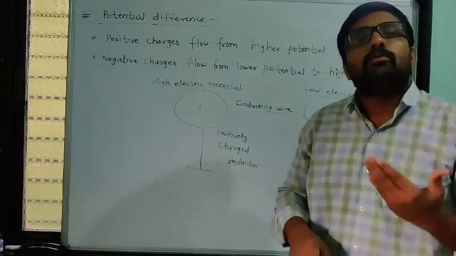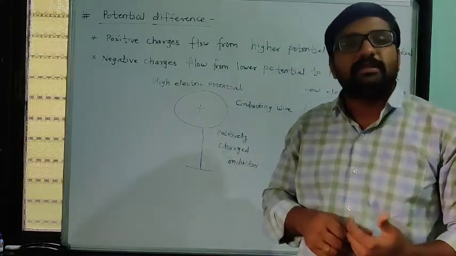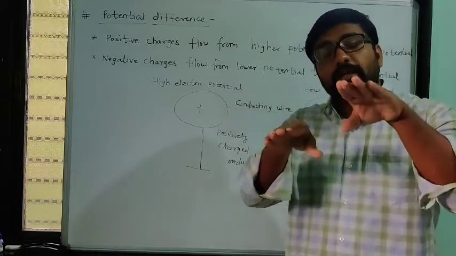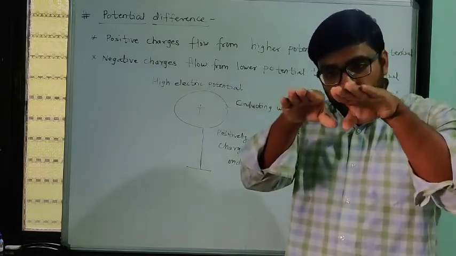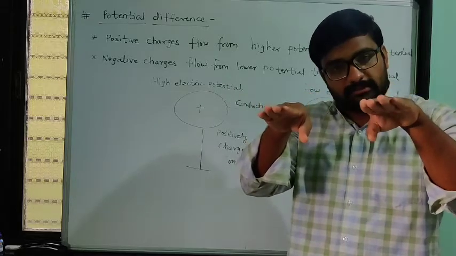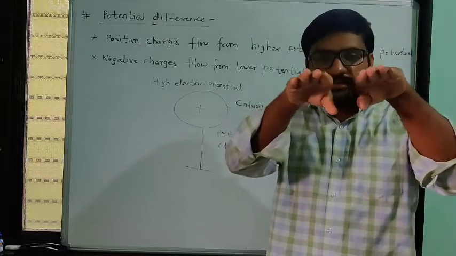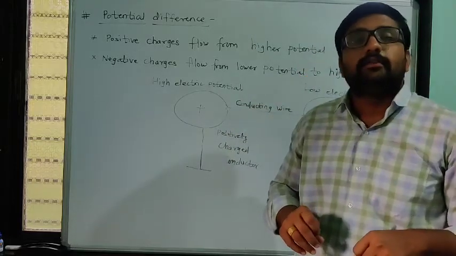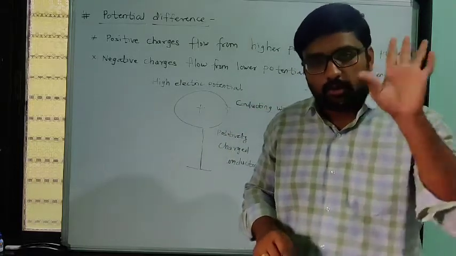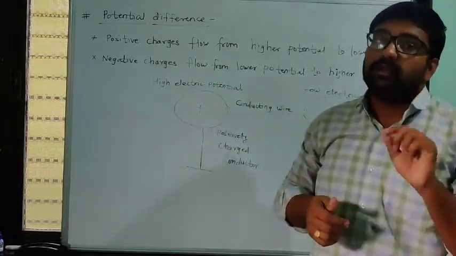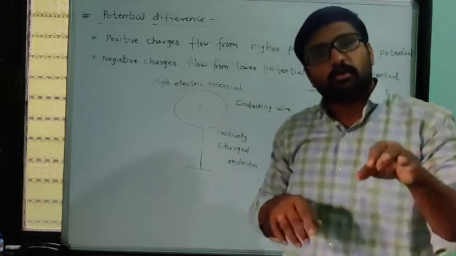That motion of charges, or flow of charges, continues until the potentials of the two terminals become the same. If the potential difference between the two terminals becomes zero, the flow of charges will stop. So always remember the example of water.